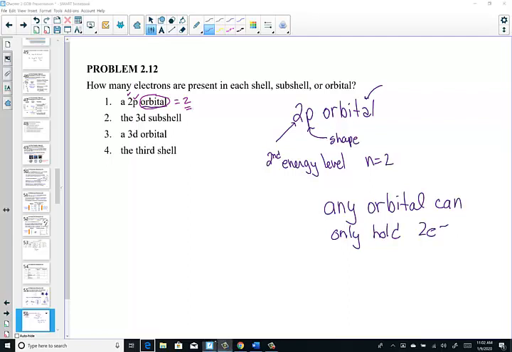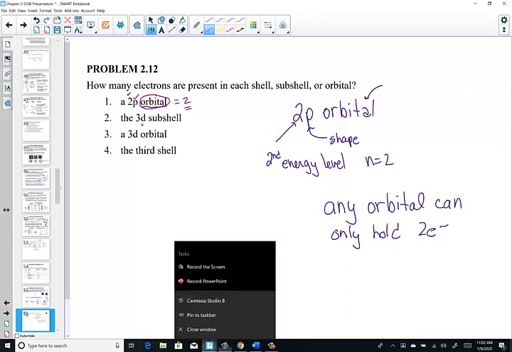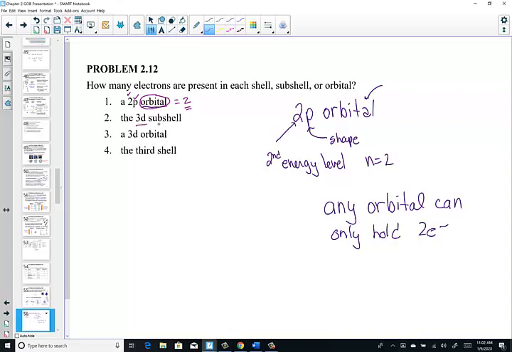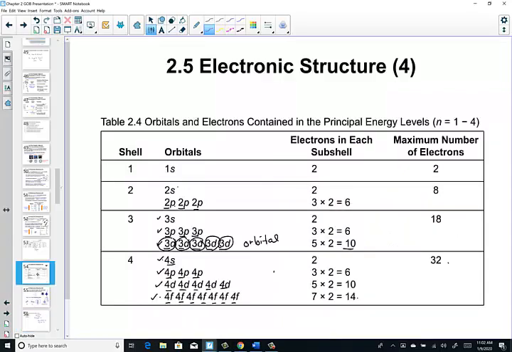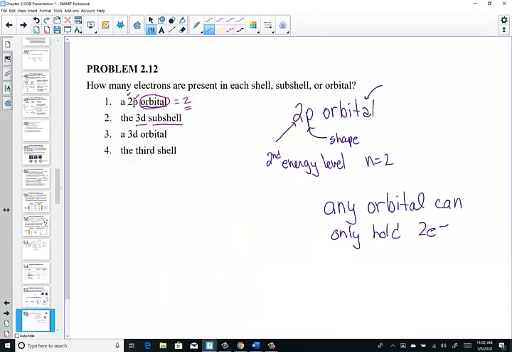How many electrons can be in the 3d sublevel, the 3d subshell? So that goes back here. In the third energy level, we have a d sublevel. There are 5 orbitals. Each one of these orbitals can hold 2 electrons, but since there's 5 different shapes of the d orbital, a d sublevel can hold up to 10 electrons.